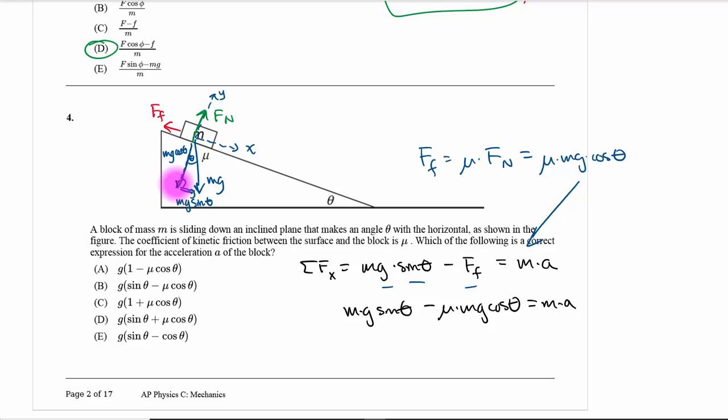Sorry, that multiplication looks like a subtraction. At this point, the m's cancel out because every term has an m. I'm left with acceleration equal to g sine theta minus mu g cosine theta. In the case of this problem, they factor out the g.